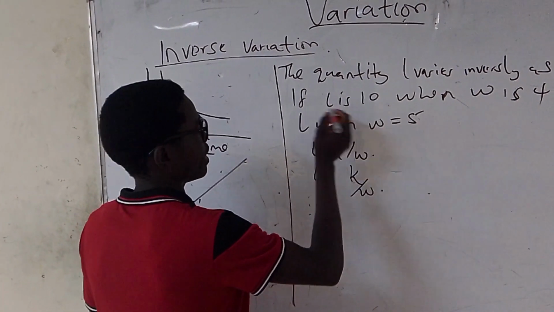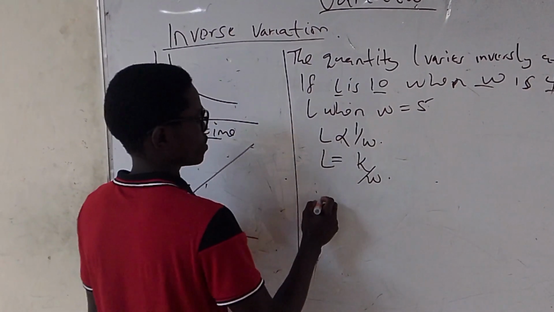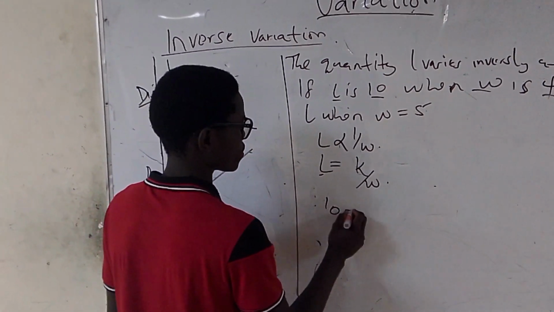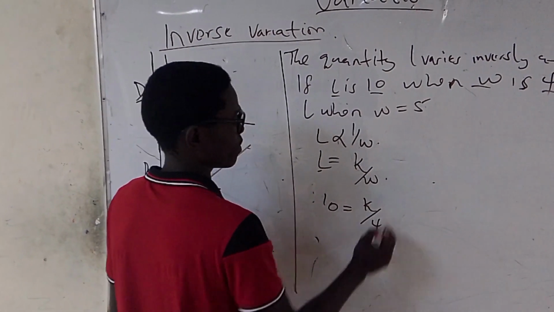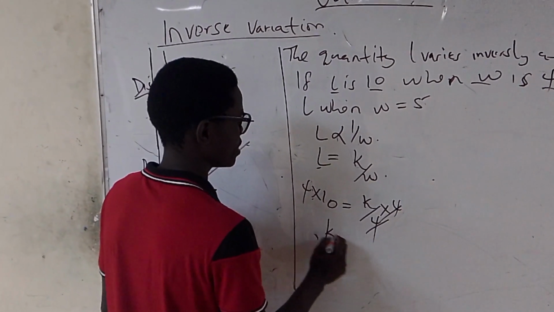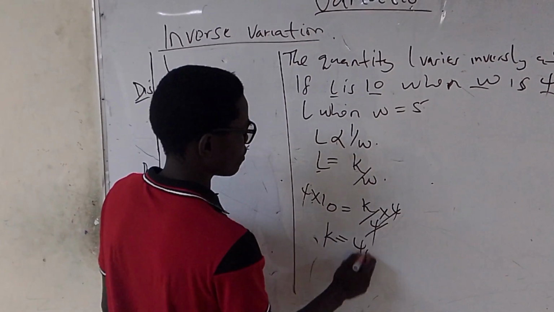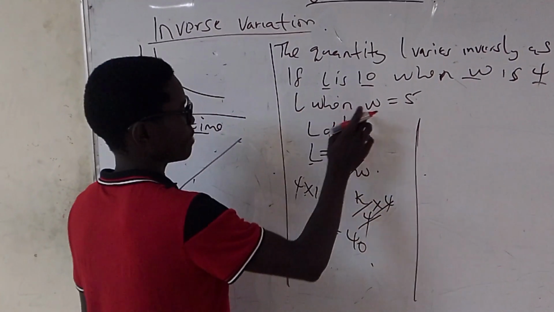Then we are told L is 10 when W is 4. So 10 is equal to K over 4. Multiply both sides by 4. So K is equal to 10 times 4, that is 40. Then we get the value of L when W is 5.